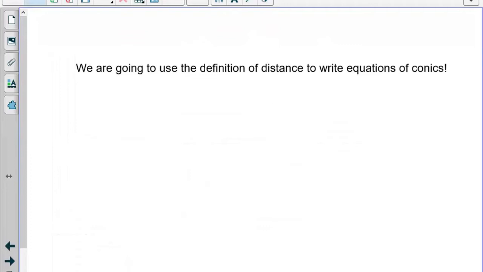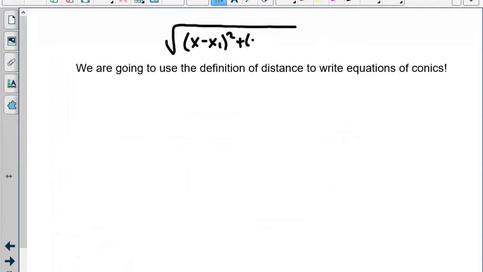So, really quickly, the definition of distance, remember the distance formula, is the square root of (x minus x1) squared plus (y minus y1) squared. And that comes from an understanding of the Pythagorean theorem on a coordinate plane.